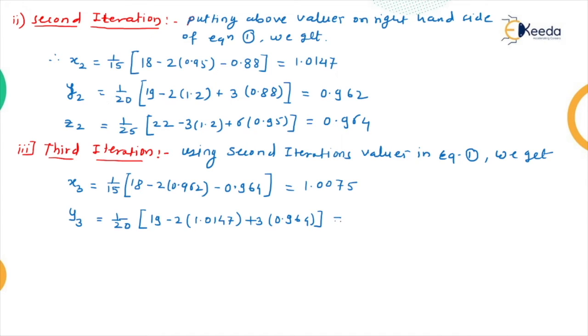Now this bracket is complete and we get the third iteration value for y as 0.9931. This is the value for y3.